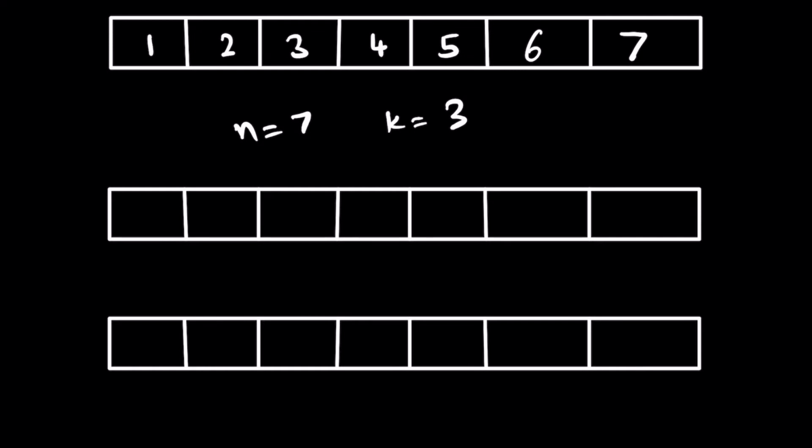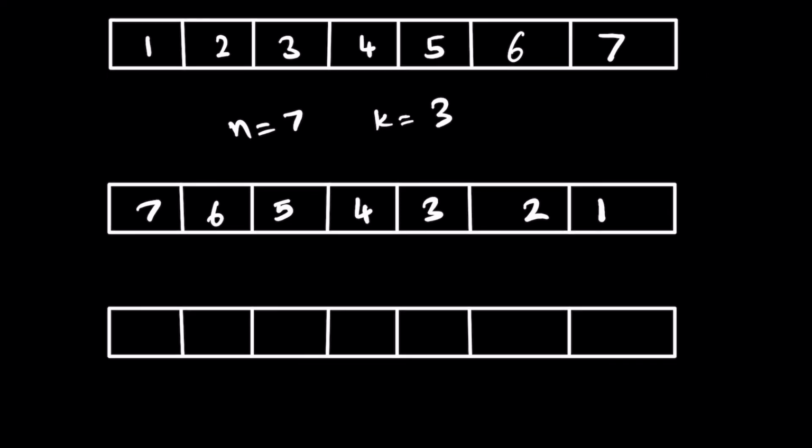Let's say we reverse the entire list first, then we would arrive at this. Now, when k is equal to 3, let's say we reversed the first few elements till k, and we reversed the elements after that from k to n.